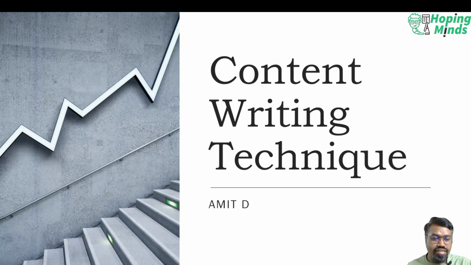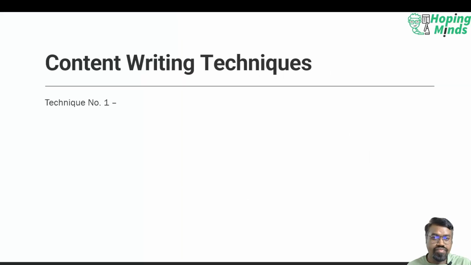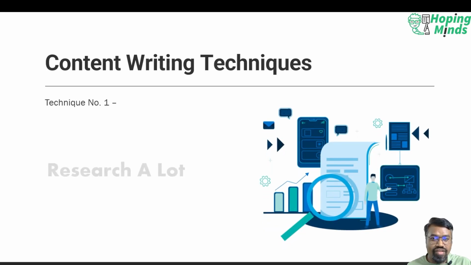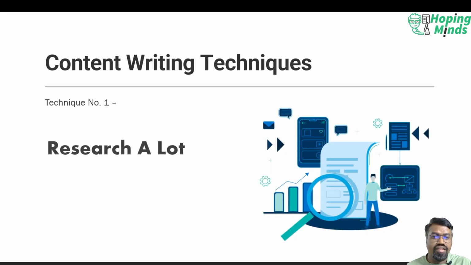Now let's move ahead. In this content writing technique, I'll tell you 7 different approaches that you should have so that you make the content pretty interesting whenever you are writing. Now, the first and foremost part is to research a lot.